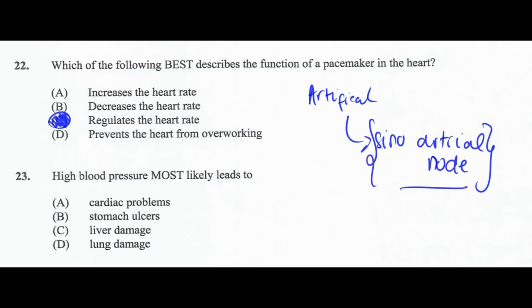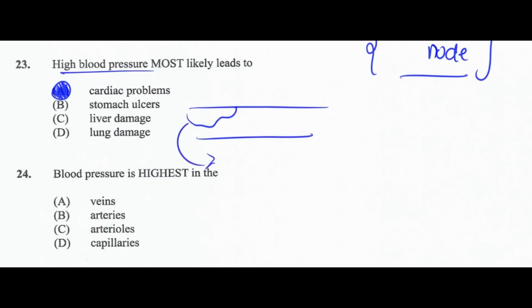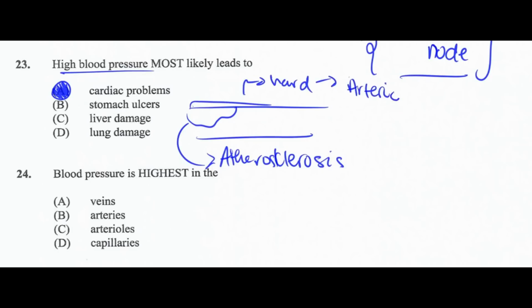Fun fact. So high blood pressure most likely leads to cardiac problems, because it's a part of the cardiovascular system. So if you have an artery and plaque builds up on the walls, that's atherosclerosis. People often mix these up. But once the plaque hardens and allows the walls of your arteries to harden as well, that condition is called arteriosclerosis.